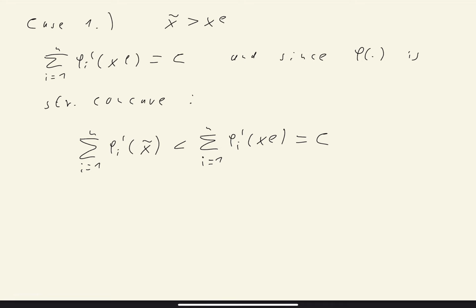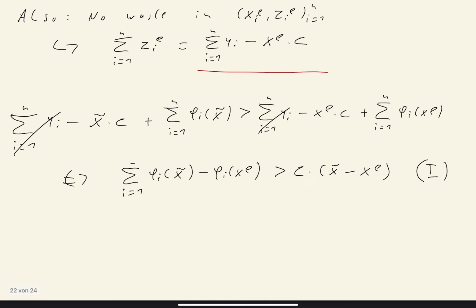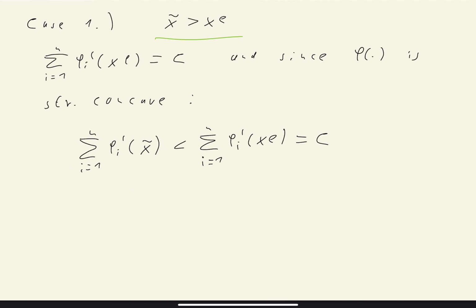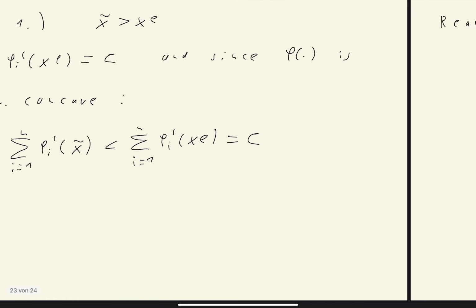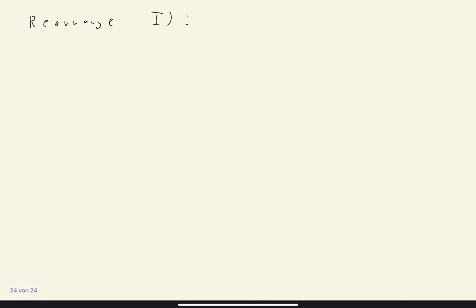So what we'll do is rearrange 1. And how do I rearrange? I simply divide by x tilde minus x E. Since this is strictly positive, since we consider the case here, it will not change the direction of the inequality.